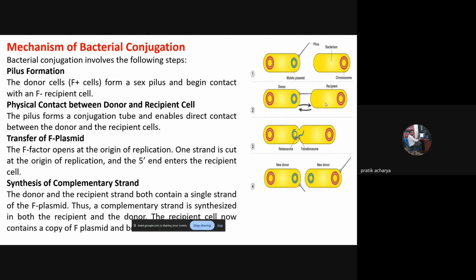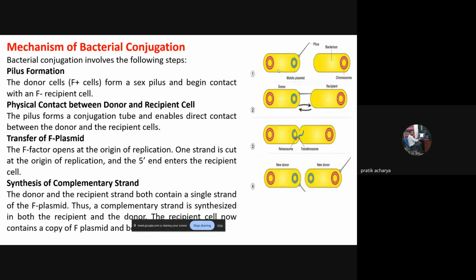That is formation of pilus, also known as sex pilus. When we are talking about conjugation, one is the donor, another is the recipient. The donor has a certain property which is generally not present in the recipient.